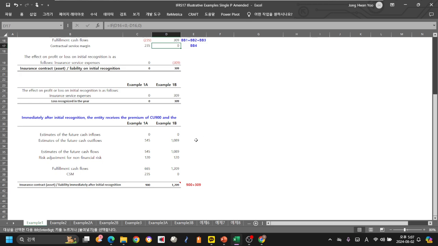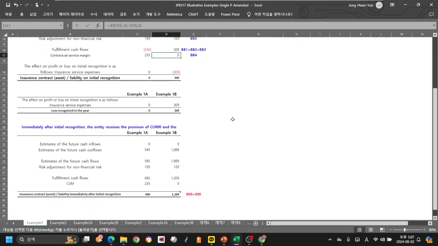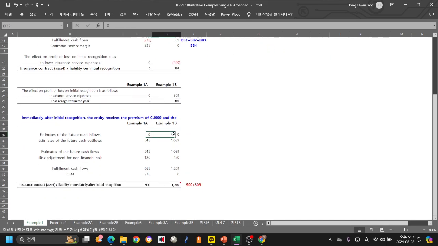In this case, you can notice that there is only a change for the single premium: 0, because you already paid a premium, and for the remaining coverage period there is no way for another premium coming in. But building block 2 cash outflow and the others look all the same.